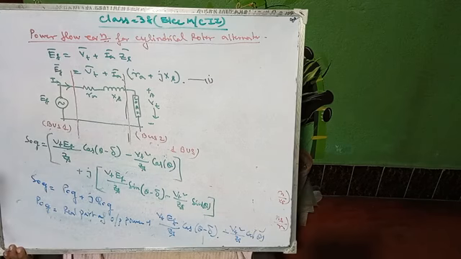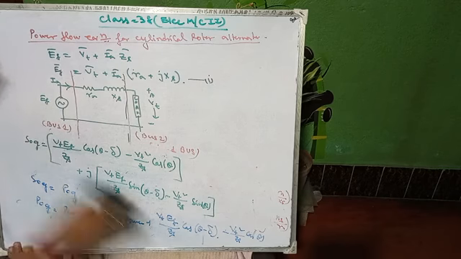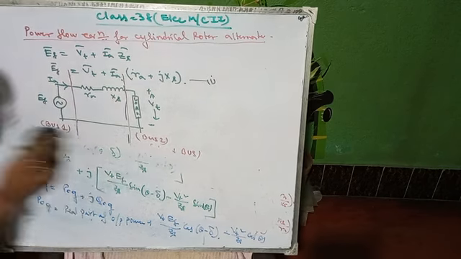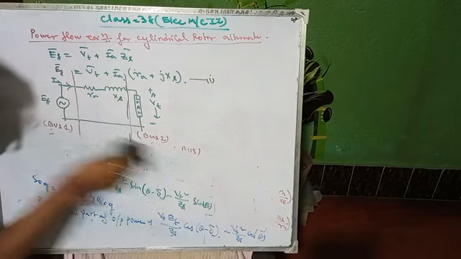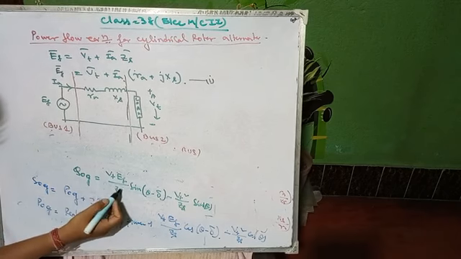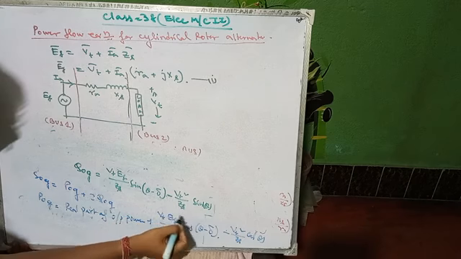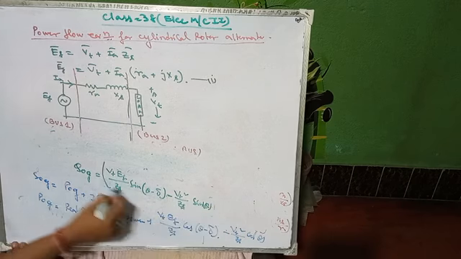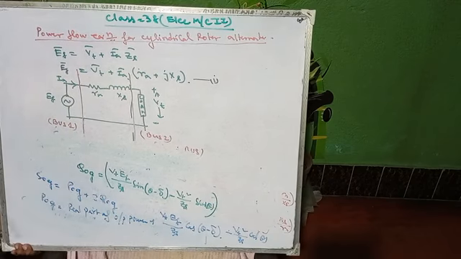And the reactive power, or the imaginary part of the output power, is nothing but the sine part. By comparing, this is your QOG: Vt into EF by Zs sine of theta minus delta minus Vt square by Zs sine theta. So this is the imaginary part of the output power.